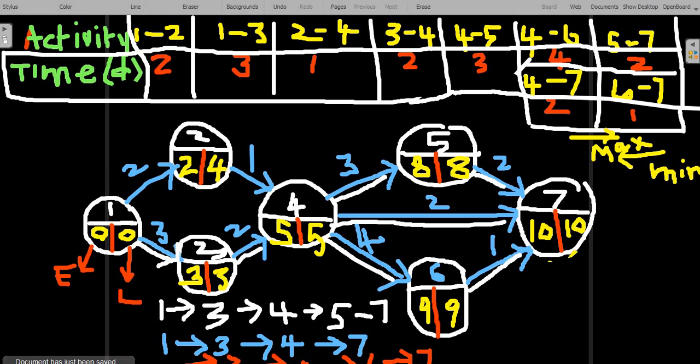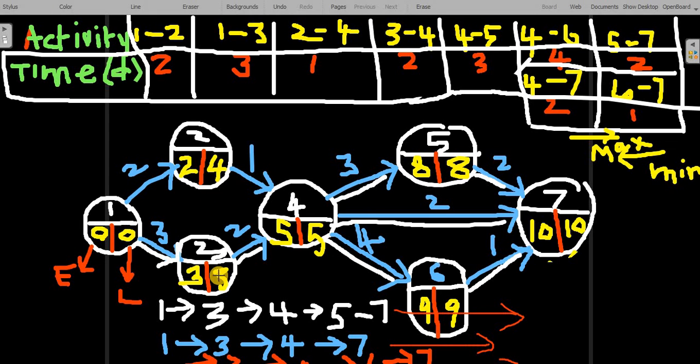Am I correct? So look at that. Through this, and through this how many days, and through this how many days. The maximum time taking path is the best critical path. Through this we got 10 days.